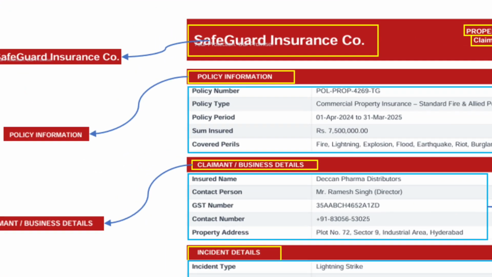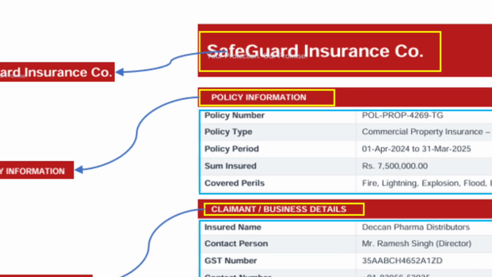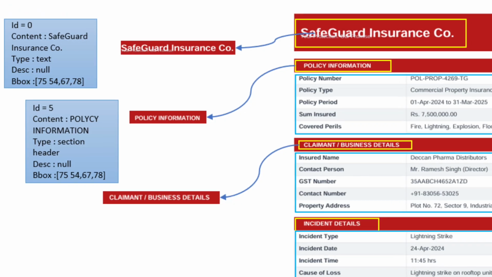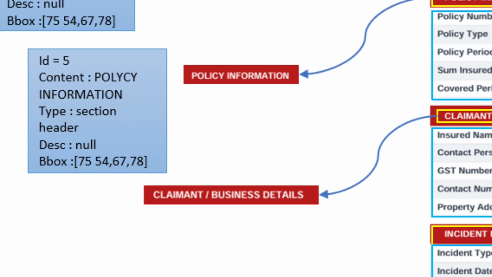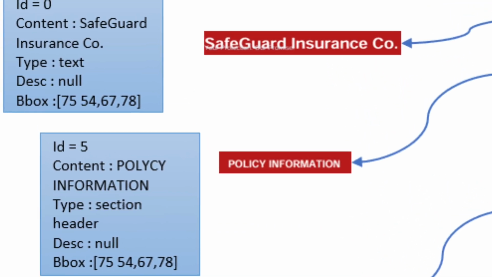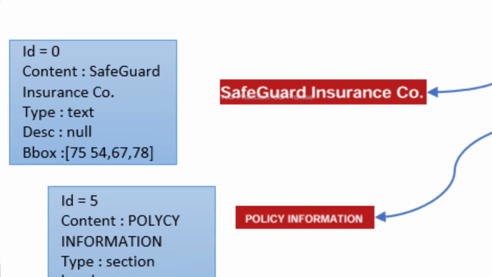If we look at this first element, it has information, that is the company's name, Safeguard Insurance Co. So this is the content, and then we have a type which identifies which type of content it is, whether it's a title or section header or a table or plain text.